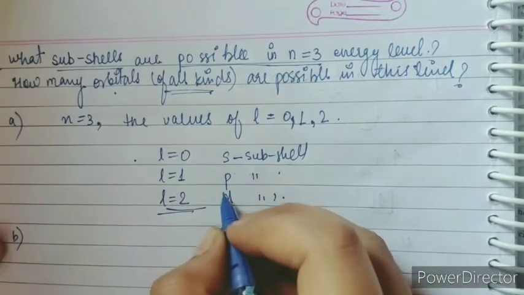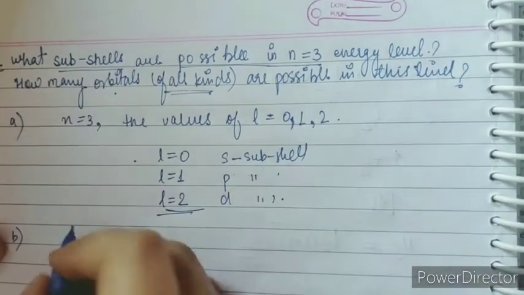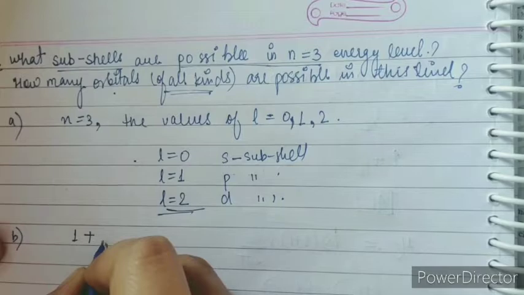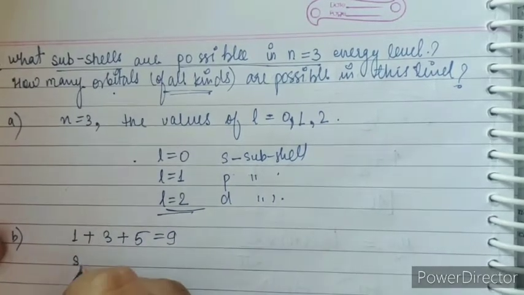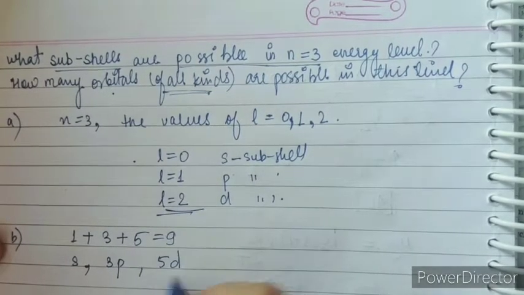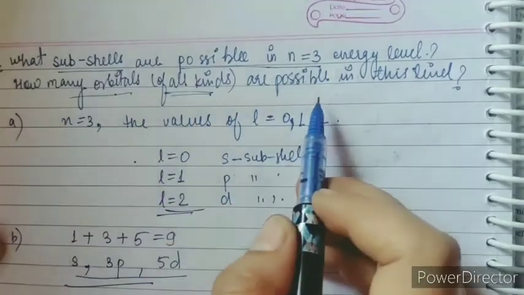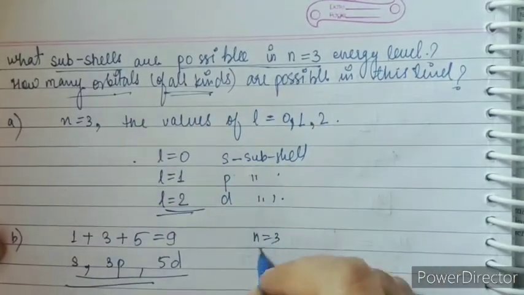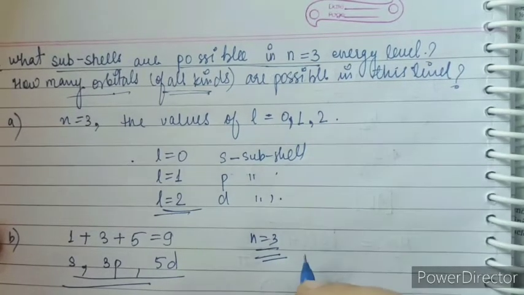So 1 plus 3 plus 5 equals 9, meaning 1 s, 3 p and 5 d. These are the orbitals of all kinds possible in n equals 3, where n is the principal quantum number. I hope you understand.